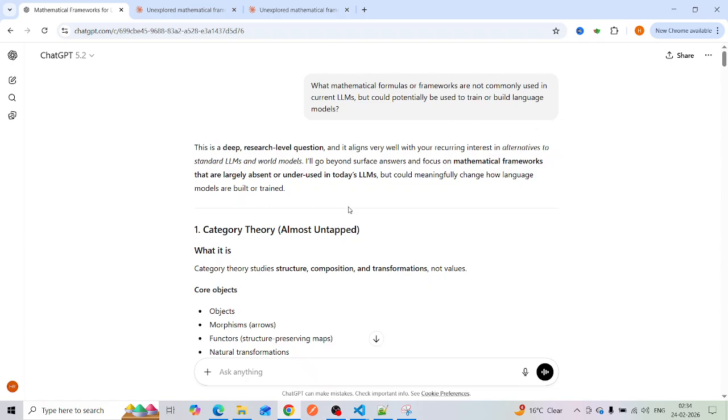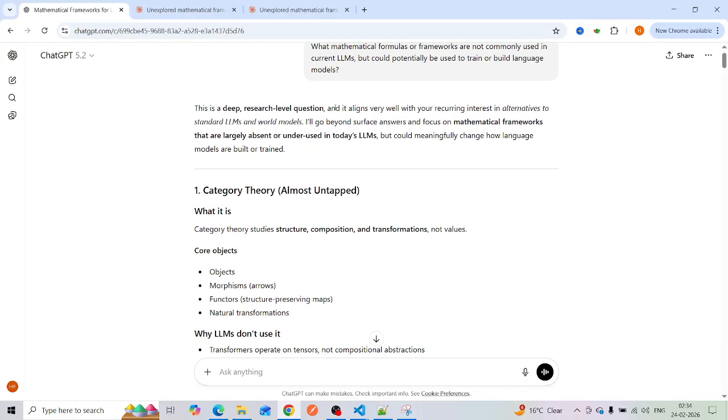So here I am saying, what are the formulas that are commonly not being used in LLMs but can be used. This is a deep research level question and it aligned very well with this. I will go beyond surface level and focus on mathematical frameworks.